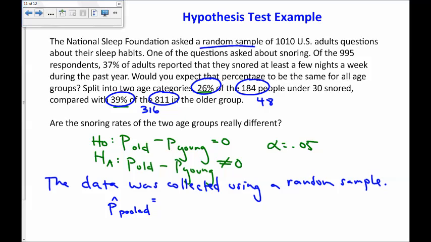Okay, so the total number of people that snored is 316 plus 48 over a total of 811 plus 184, which ends up being about 0.3658. Okay, that's my p hat pooled value. So yeah, that's good enough.